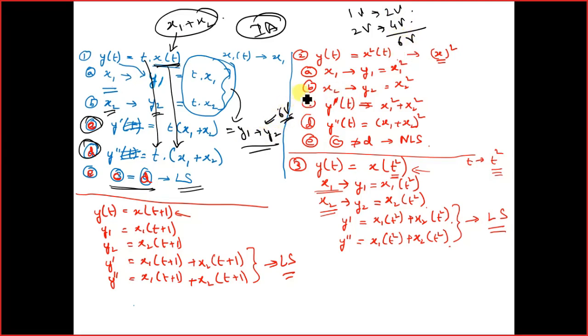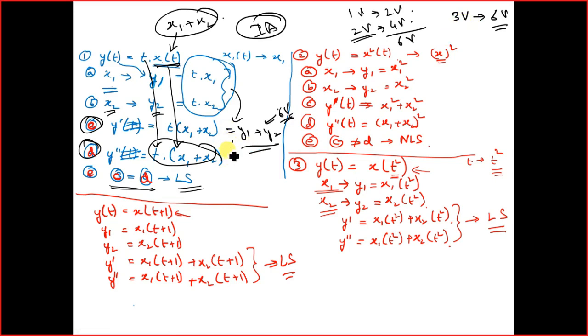In the next instance, I took a combination x1 plus x2, which is basically 3 volt, and passed that into the system, which gave me again 6 volt. Are you getting my point?